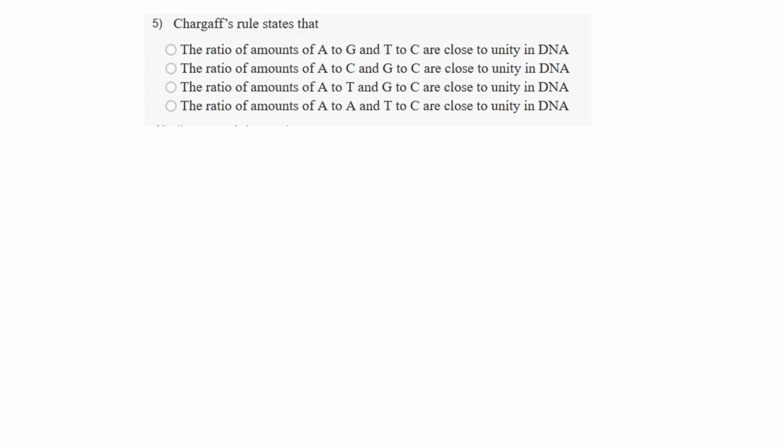Sir, option C. Yeah, so option C is correct. The ratio of A to T and G to C are close to unity in the DNA. So this is the correct option.